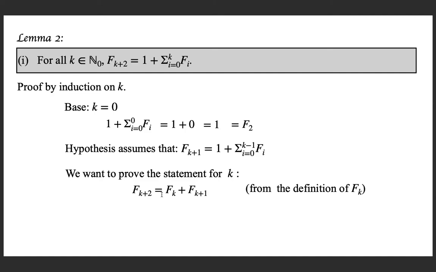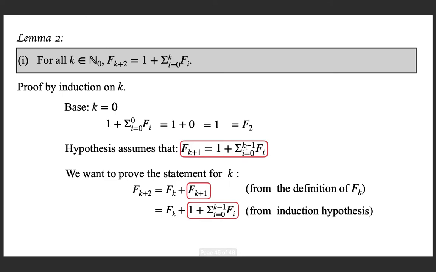From the definition of the Fibonacci sequence, we know that f_(k plus 2) is nothing but f_(k plus 1) plus f_k. Now, from the hypothesis, you can substitute the value of f_(k plus 1) here. So it becomes this quantity. Just verify that it is this quantity.